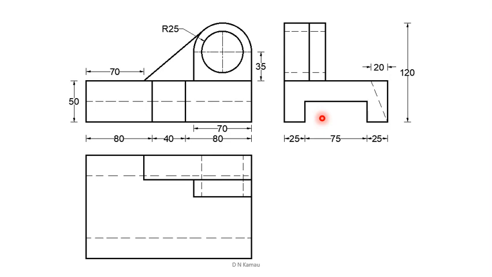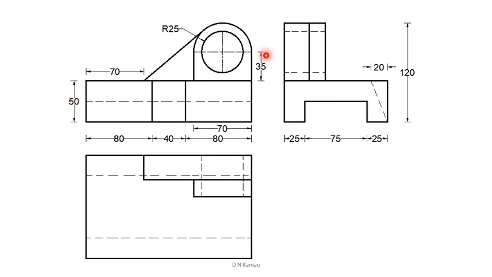The dimensioning also matters. You need to put in as many dimensions as possible. That would help you to put together the thing. Don't miss any dimension. Here we already have these dimensions. For the height, we have the dimension of this part, and we have the dimension of the full.